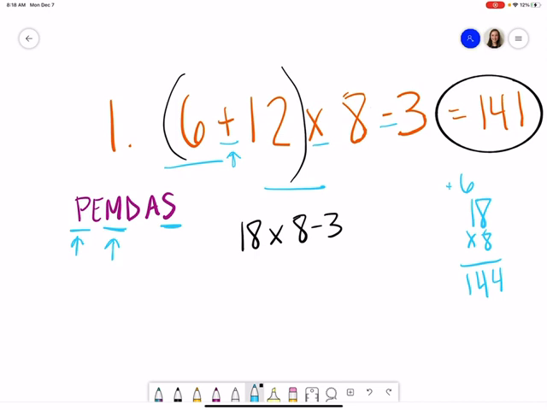So I have a total of 144. And the last thing to do is subtract 3. 144 minus 3 is 141. It becomes a totally different answer when we use parentheses to do a part of the equation first.